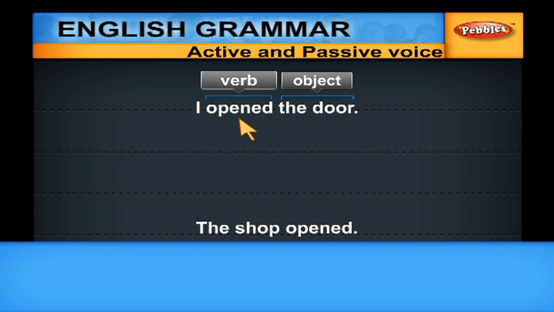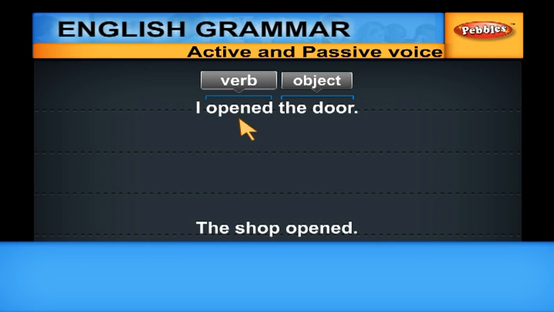The change of an active voice sentence into passive voice, or a passive voice sentence into active voice, can test your command over the verb patterns. While changing an active voice sentence into a passive voice sentence, the first thing that you have to do is to identify the object.